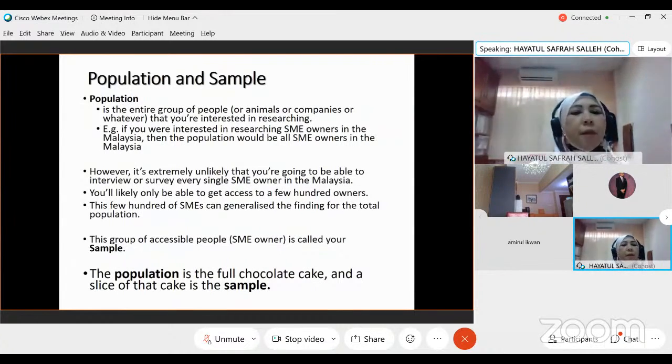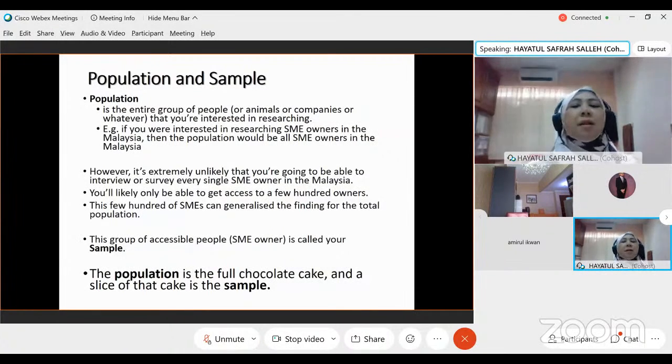For example, if you were interested in researching SME owners in Malaysia, then the population would be all SME owners in Malaysia.